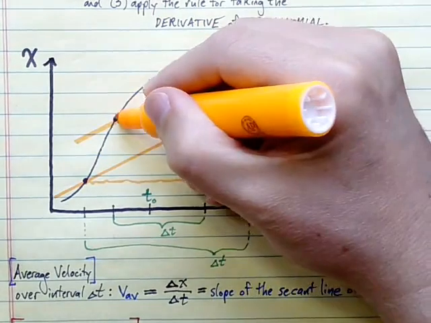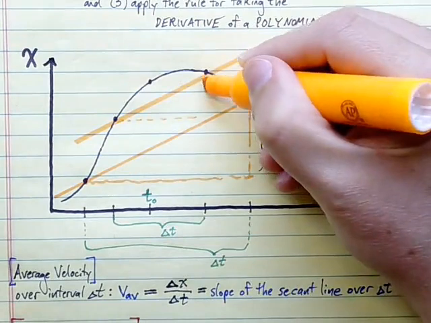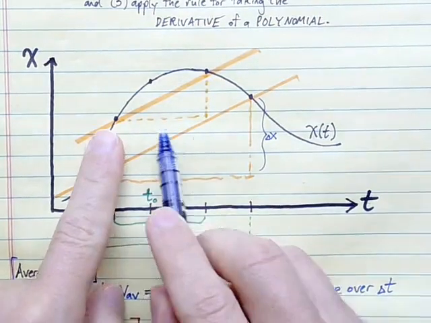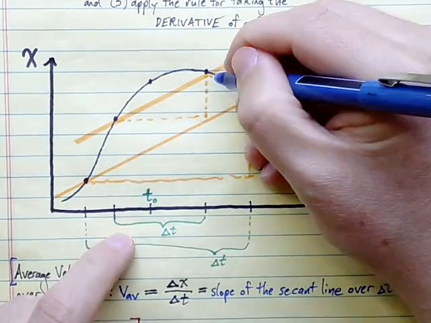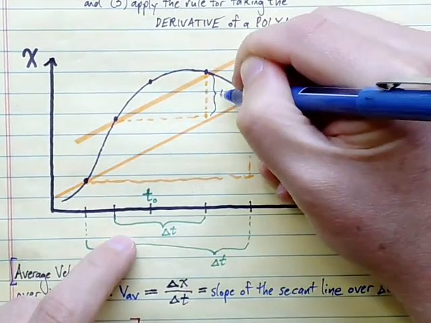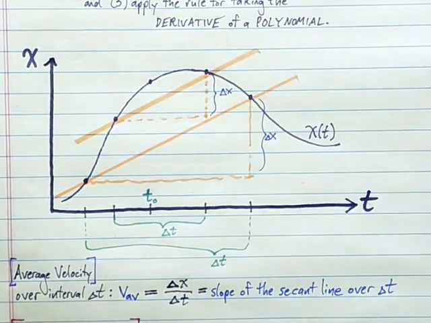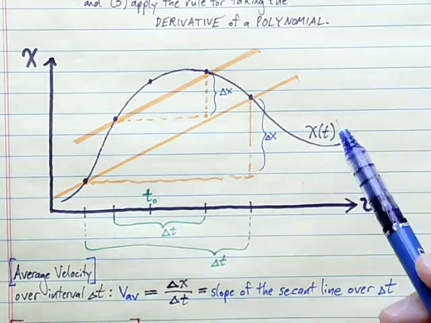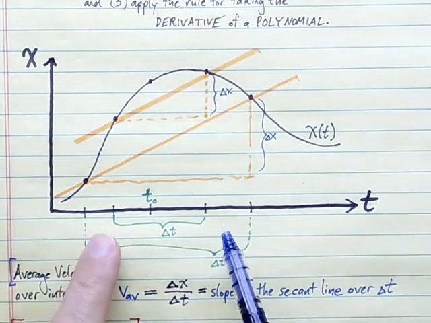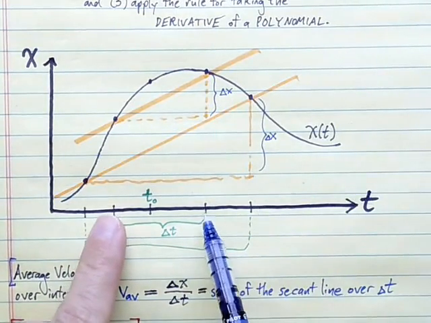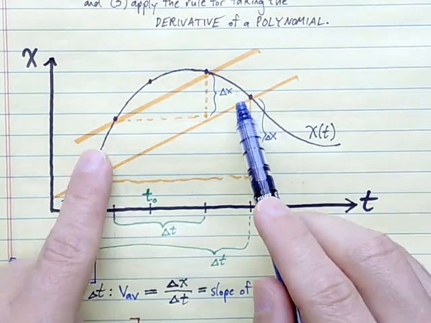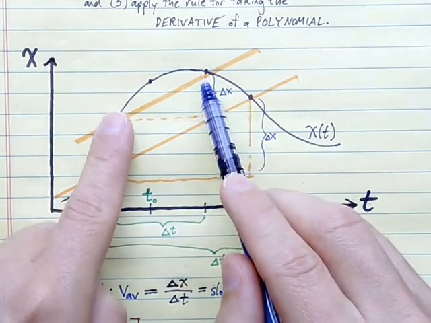So over that time interval, this delta t, that delta x. We have a shorter delta t here and a different delta x, so we have a slightly different slope. And I want to consider what happens if we continue to shrink that interval delta t, if these 2 points on the graph get closer together, and so close together that they merge.